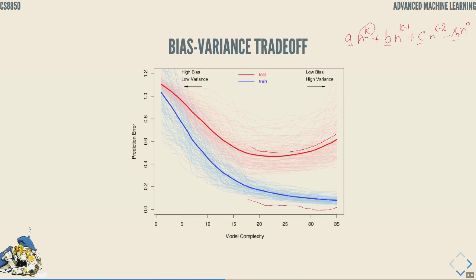And so high bias and low variance together, they form your error, right? Your error is high. Then at some point your bias is lowest, but your variance starts to grow. I will show this on the next slide.